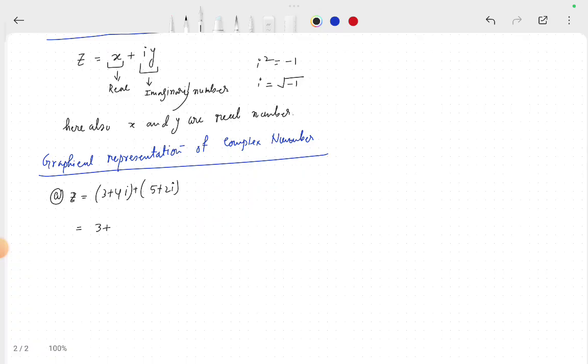This equals 3 plus 4i plus 5 plus 2i. Here we are adding the real parts with the real parts and the imaginary parts with the imaginary parts. So basically (3 plus 5) plus i(4 plus 2), that is equal to 8 plus 6i. So when two complex numbers are added to each other, you get another complex number, right?